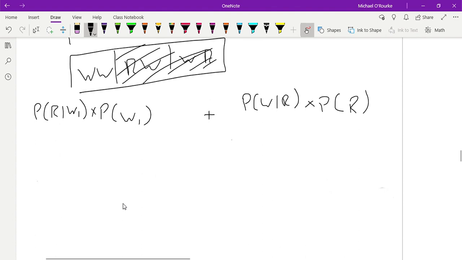Does this make sense? So on this side over here, I said I'm going to pick a white one first, right? Then what's the probability of picking a red one given that I got a white one first? So this side here is W, then R. This side here is R, and then W. So I pick a red, then a white. Okay?